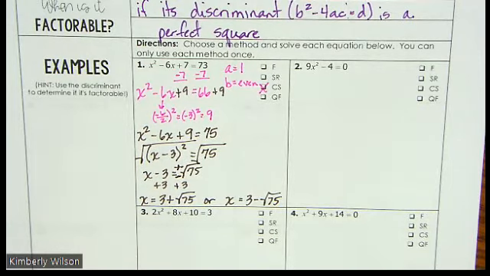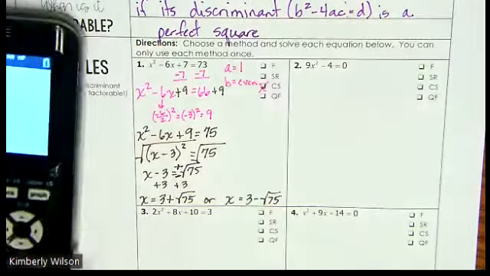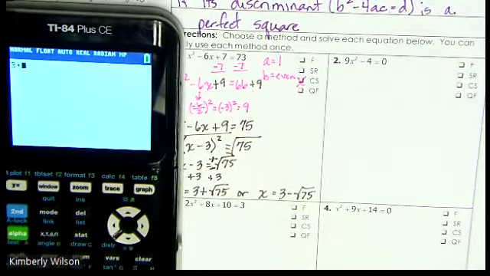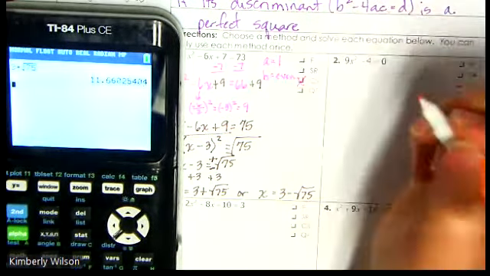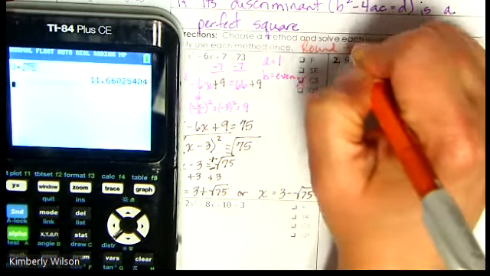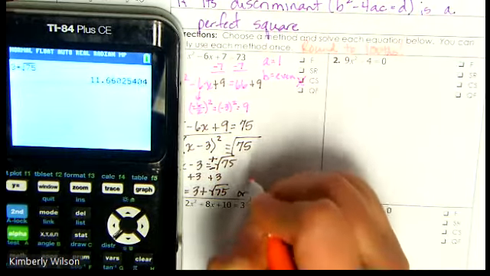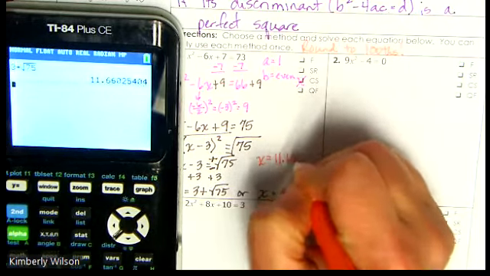So now those answers we need the handy dandy calculator for. I'm going to type 3 plus second square root 75, enter, and we're going to round to hundredths. So I'm going to end up with x equals 11.66.